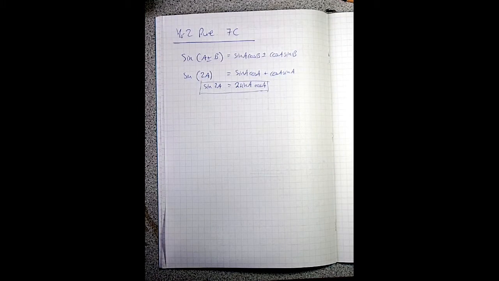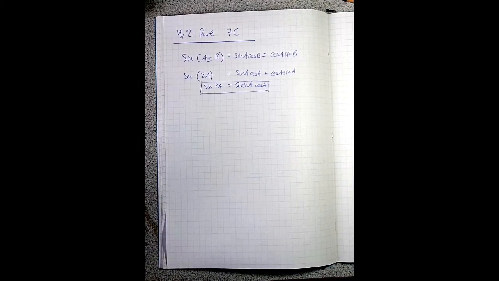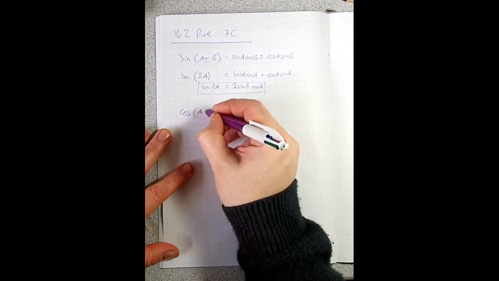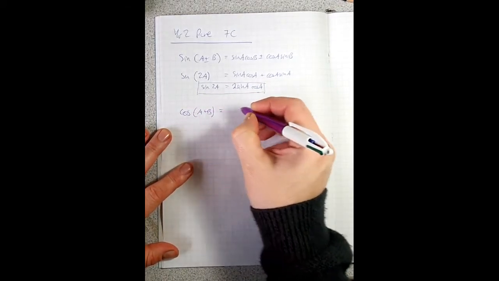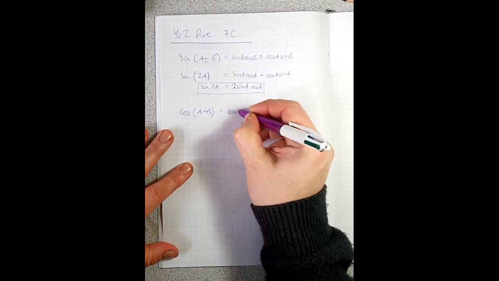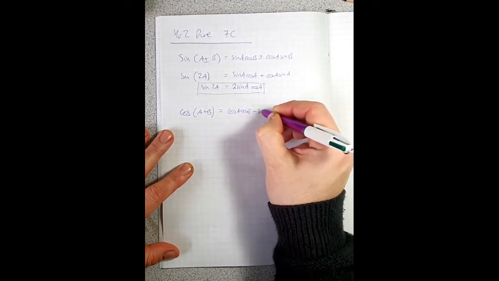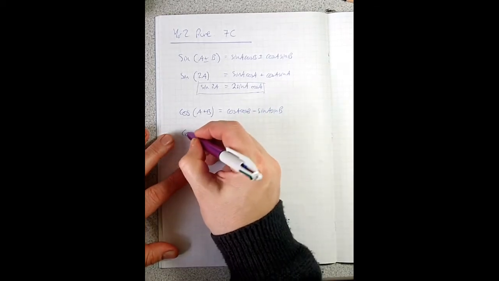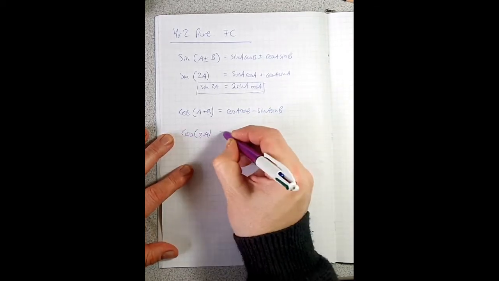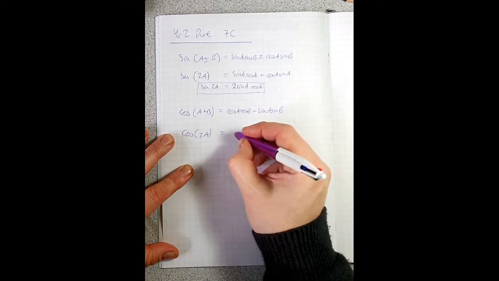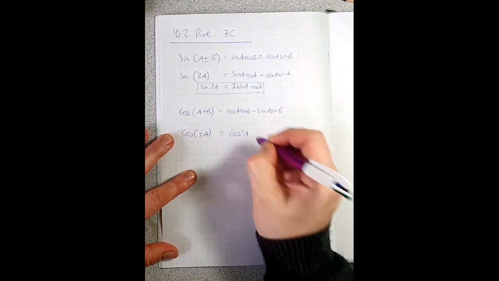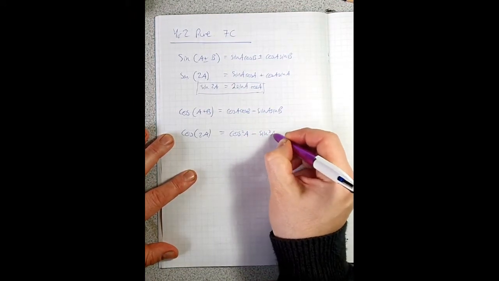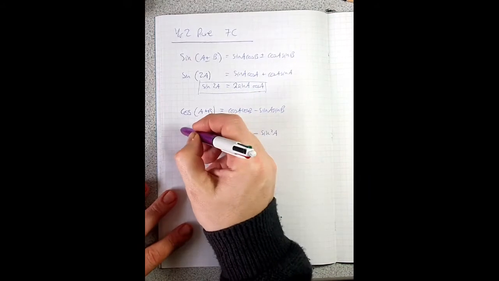I'm just going to pause them and fetch them up on my computer. So we're given cos a plus b equals cos a cos b minus sine a sine b. So of course if I've got a plus a, cos of 2a is cos a cos a, that's cos squared a, minus sine a sine a. So that's another one.